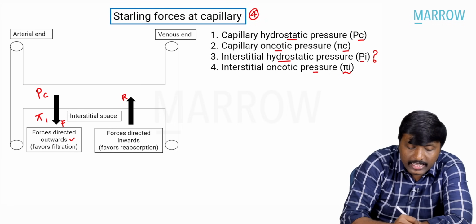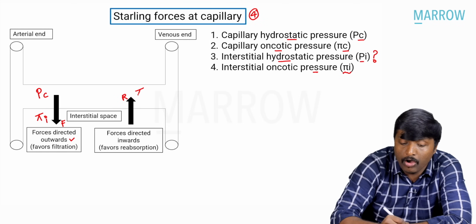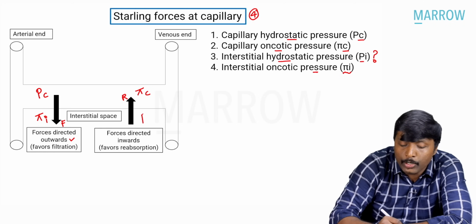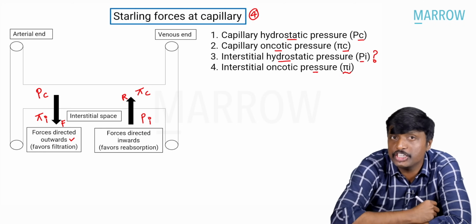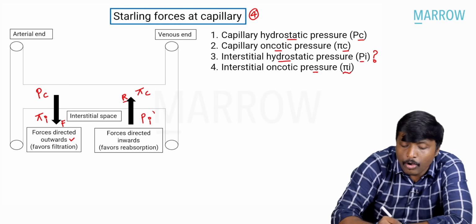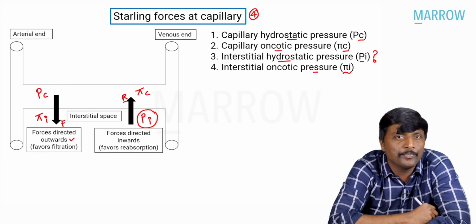Oncotic pressure in the interstitium favors filtration. Which are the forces that favor reabsorption? Most important, oncotic pressure in the capillaries and hydrostatic pressure in the interstitium favor reabsorption. Now they are asking about this hydrostatic pressure in the interstitium.